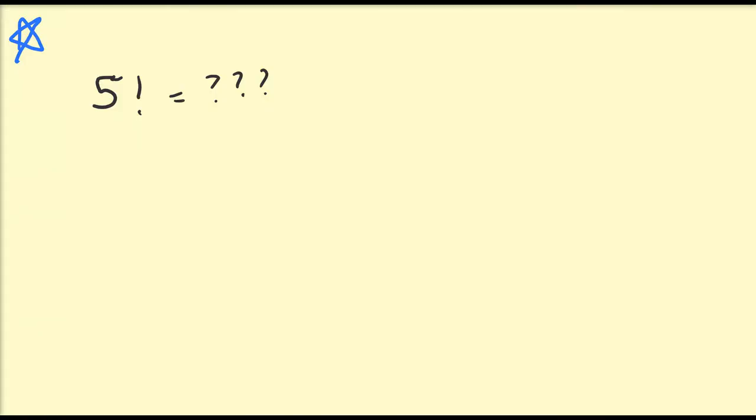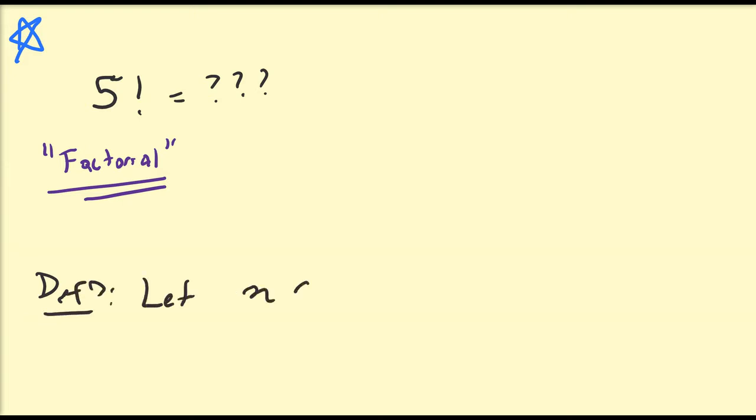Alright, so the first thing that we need to do is actually define what a factorial actually is. We're not going to be talking about the applications of factorials here, just how to calculate them and some properties for them. So, definition. We're going to let n be a natural number.